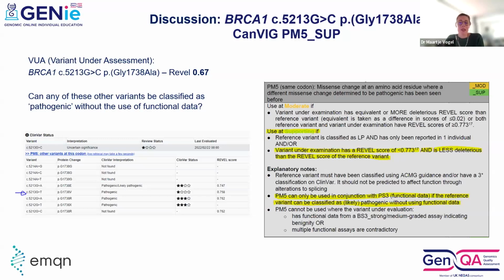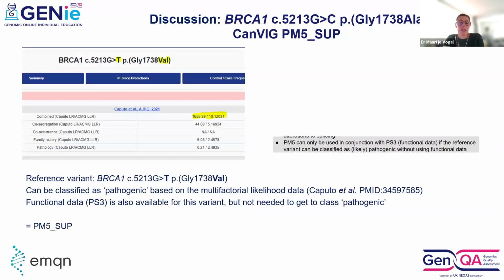And next slide, please. So what we did is check these variants, and this was the first variant that we found which fulfills the criteria. It's a change from glycine to valine. For this variant, there's multifactorial likelihood data available. You can easily find that through the ClinVar or ClinGen website.